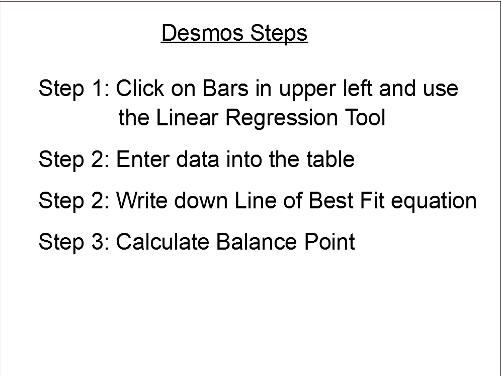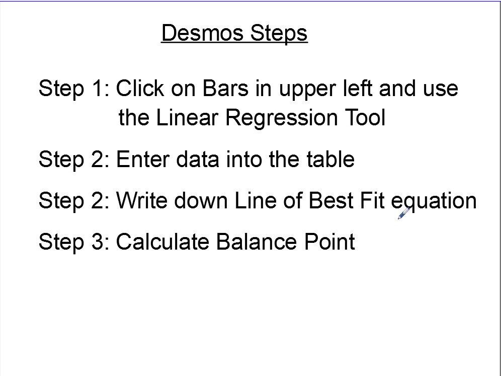So here are some steps for using Desmos in case you kind of forgot or got lost as I was using the tool. If you need to, pause the video and go ahead and write down these steps. But the steps in general are: step 1, go to desmos.com and click on the bars in the upper left and use the linear regression tool. You then enter all your data into the table, and then down below the table it will show you what the line of best fit equation is, and it will show you a picture of the scatter plot and the line traveling through it.